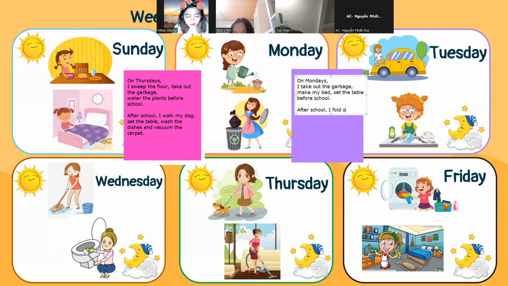Family. All right, I fold our clothes. I wash the dishes. I clean my room. That's it.